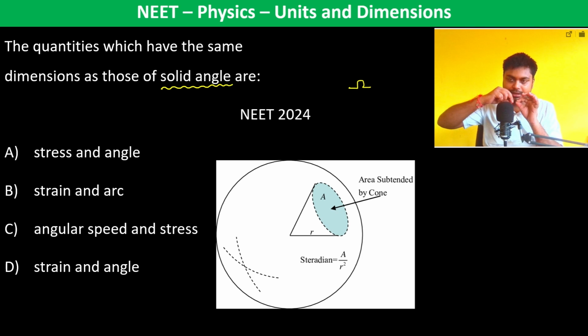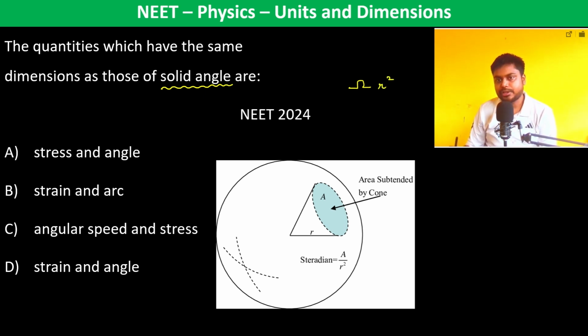The area of that small portion of the cone is sigma into r square. So this is the surface area, and this divided by r square gives us the solid angle.